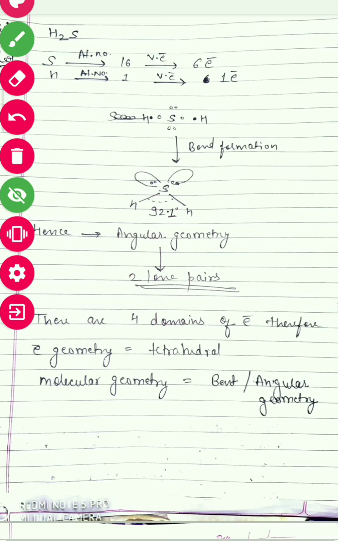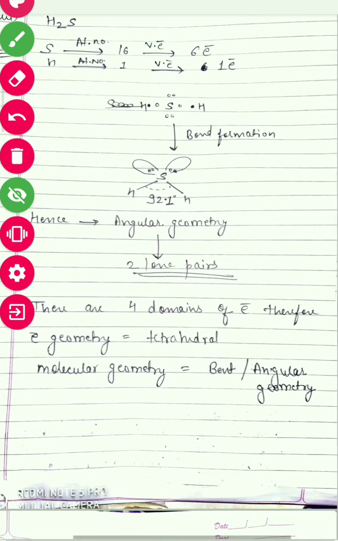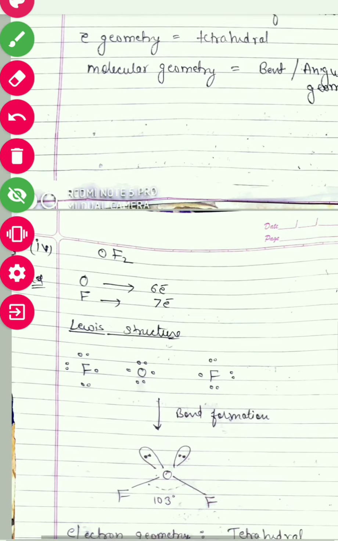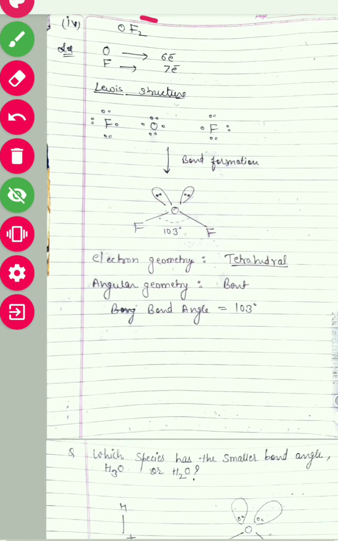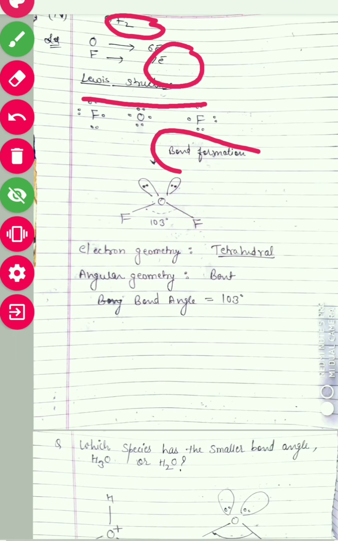As we know, lone pair repulsion is greater. Similarly in the case of OF2, oxygen has 6 valence electrons and fluorine has 7 electrons in the outermost shell. So we will draw a Lewis structure and undergo bond formation.